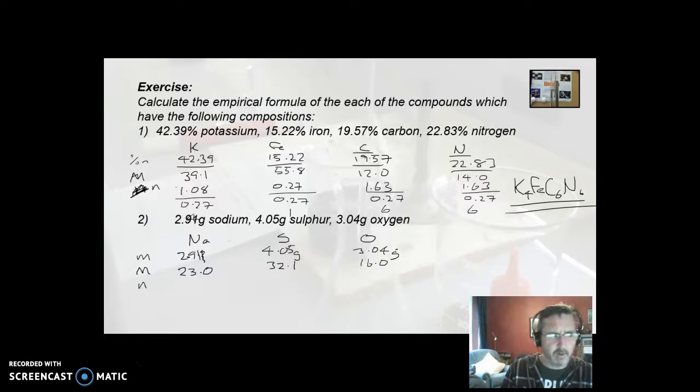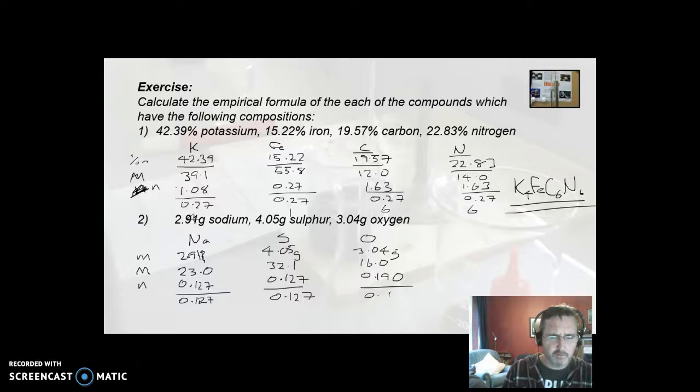I'm going to then get the moles for each of these, which gives me in turn 0.127, 0.127, and 0.190. Again, find the smallest number of these. That's 0.127. I need to get my decimal places correct when I'm calling this out.